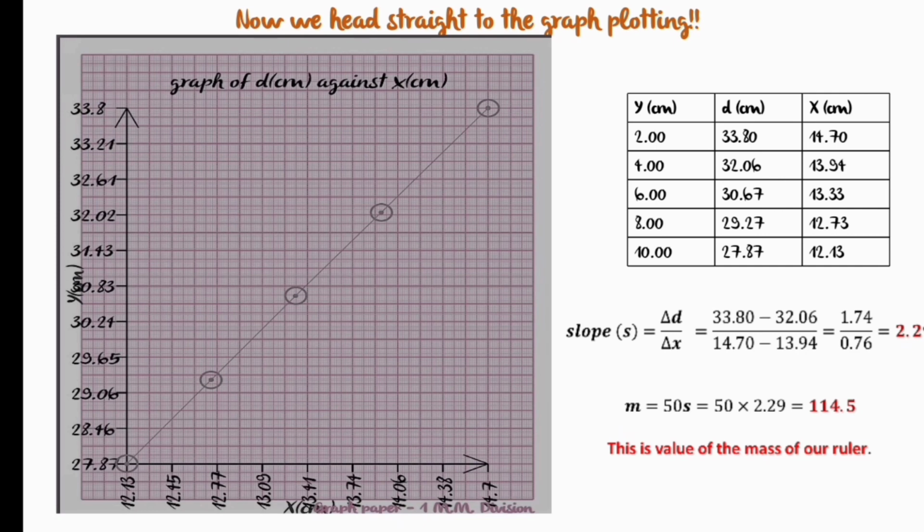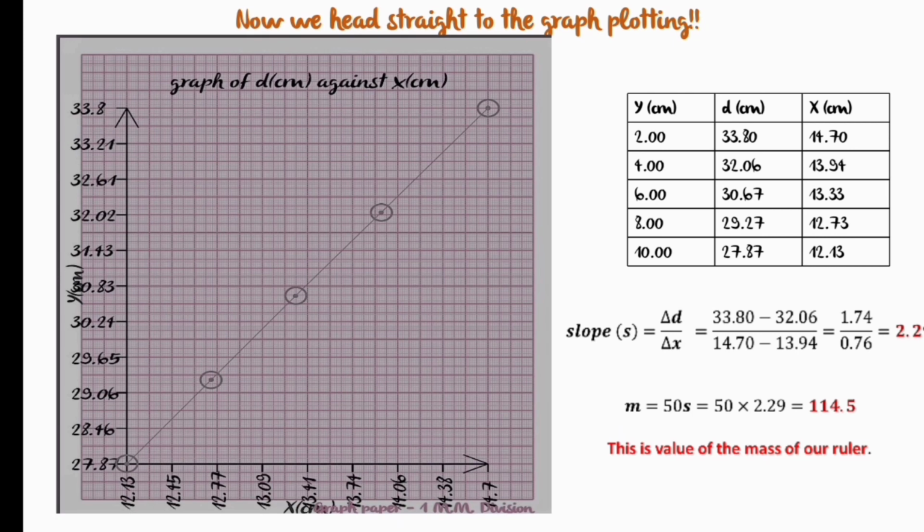Evaluating everything gives me 2.29. As you can see, this slope has no unit. Why? Because the centimeters are going to cancel out. Both the vertical and the horizontal axis have the same units, so the slope will have no units since it is a ratio.